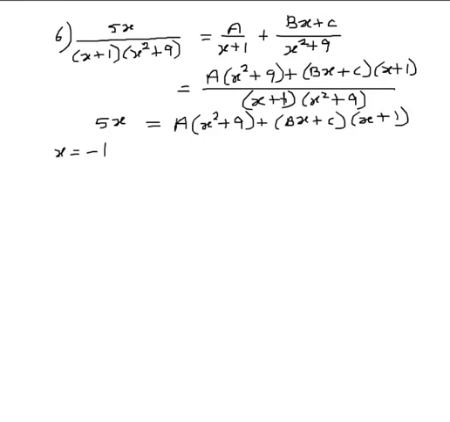Let us take x as minus 1. So the left hand side becomes minus 5. A into minus 1 the whole square is 1. 1 plus 9 is 10. The second term becomes 0. Therefore, a is minus 5 divided by 10, which is minus 1 by 2.